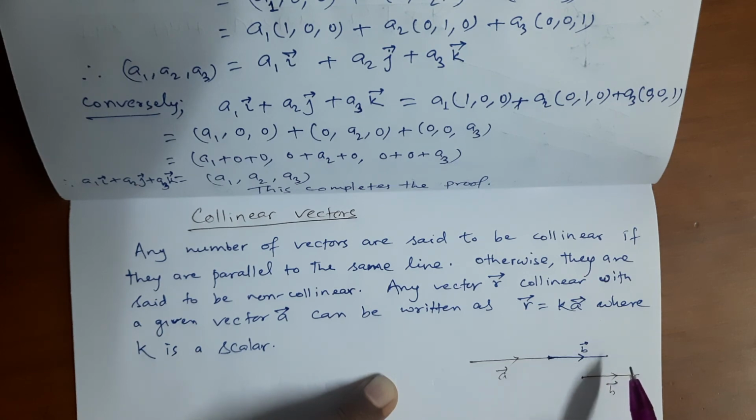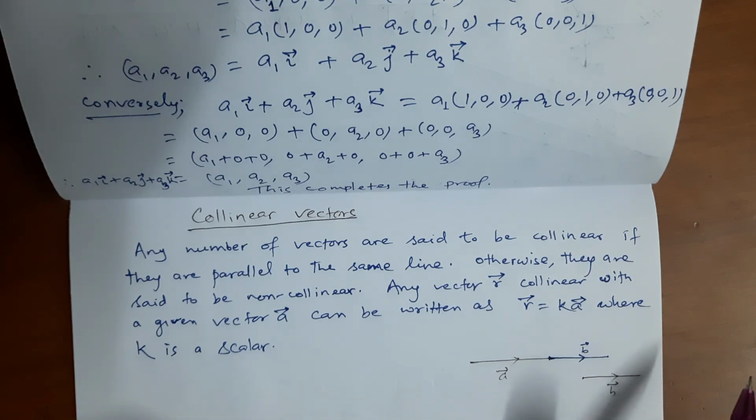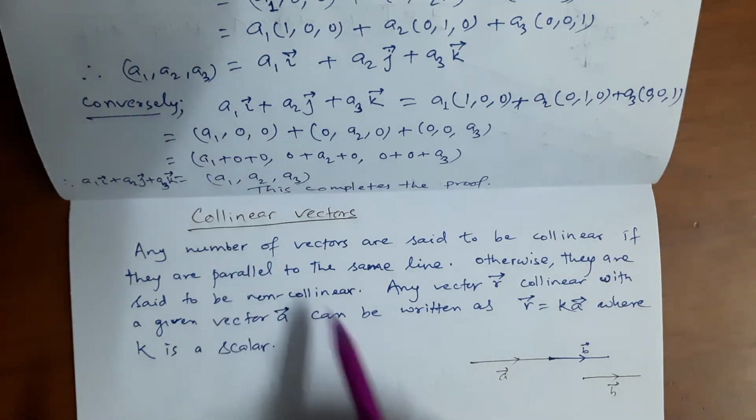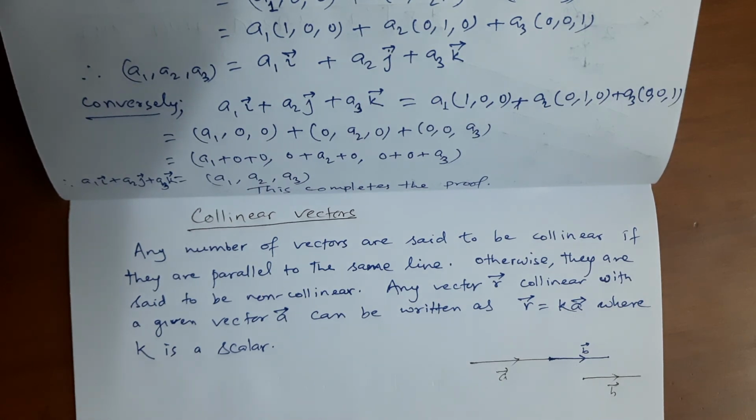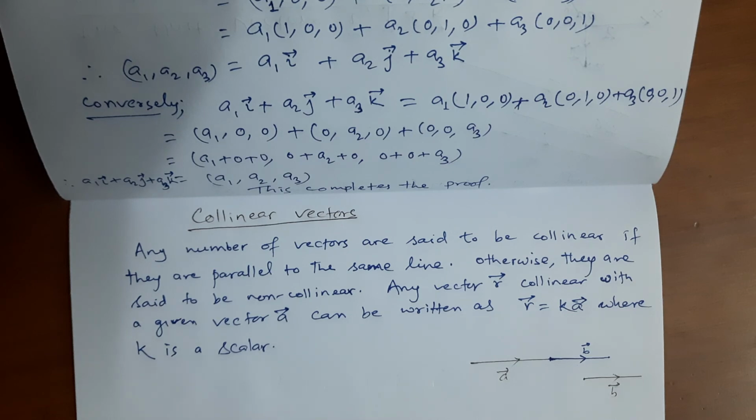So parallel vectors, like vectors or unlike vectors, are all collinear. Okay, in this way we can define collinear vectors.